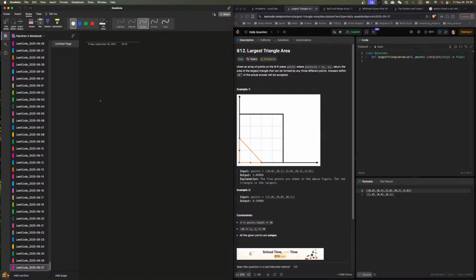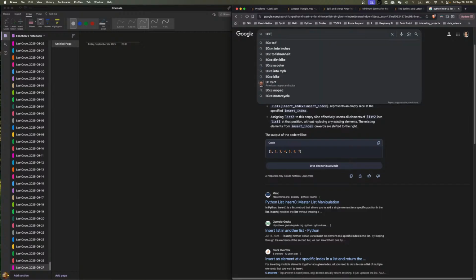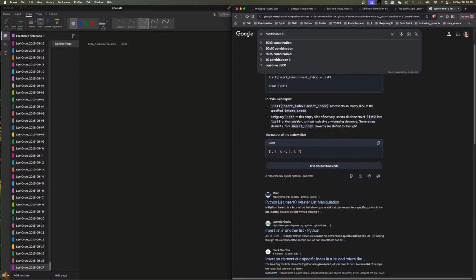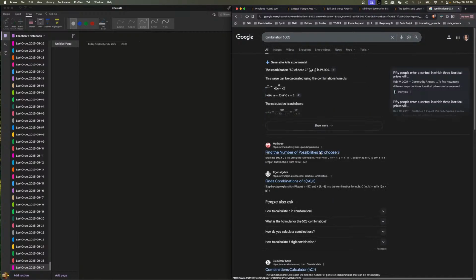Because any 3 points can form a triangle, so I'm starting to think just 50. Right? We just brute force this thing. What's 50 choose 3? Combination. Yeah, it's not that much.